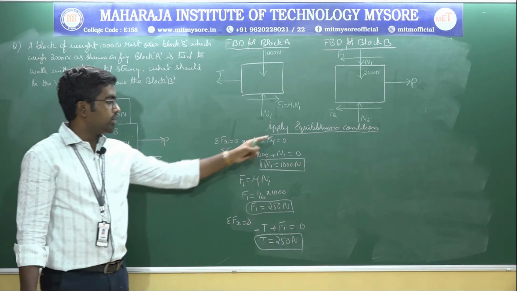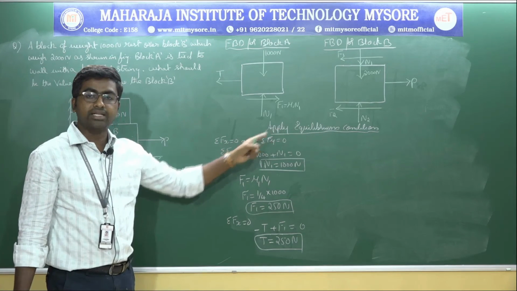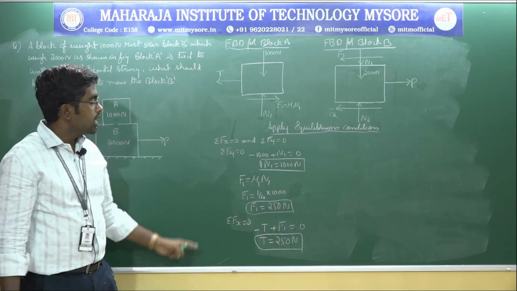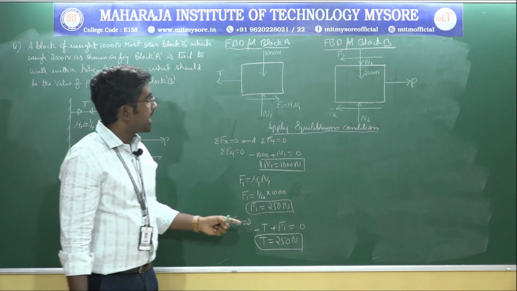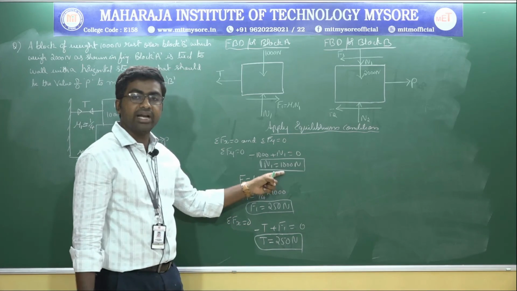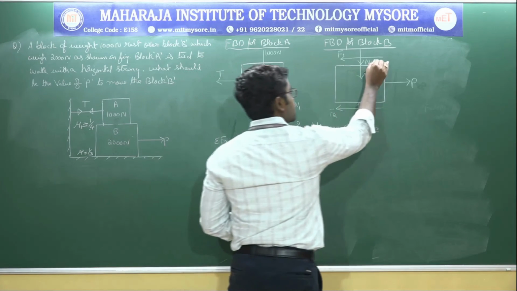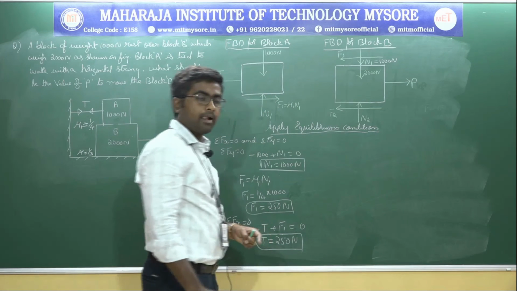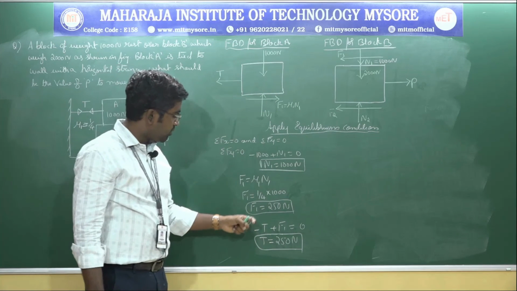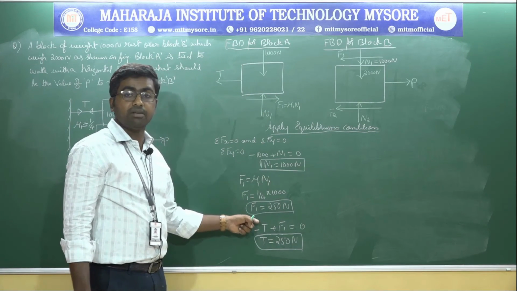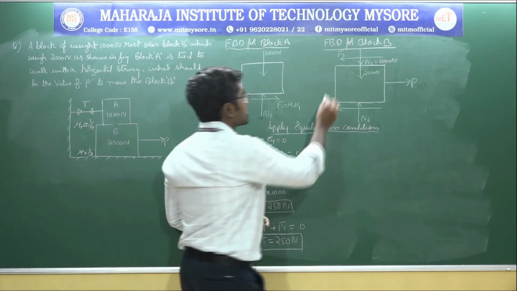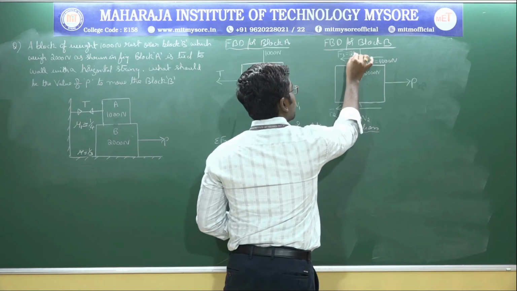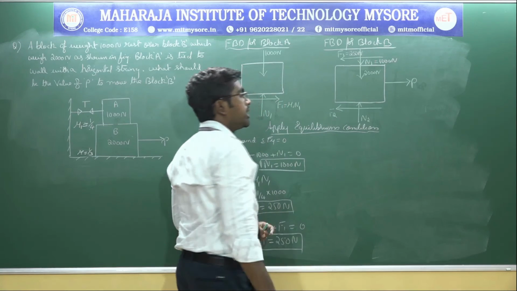So this is how you need to apply the equilibrium condition to get these unknowns. By solving this, I got to know N1 value is 1000 Newton. Substitute here, N1 will be equal to 1000 Newton. Along with that, I know the value of F1 will be equal to 250 Newton. So substitute here, F1 will be equal to 250 Newton.